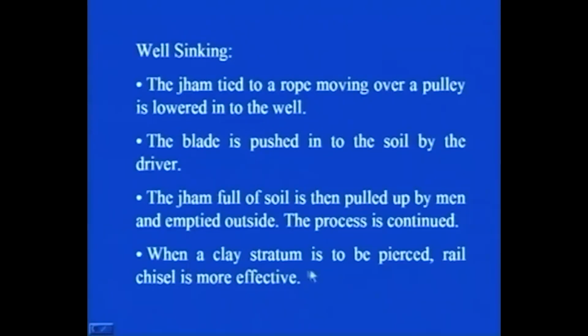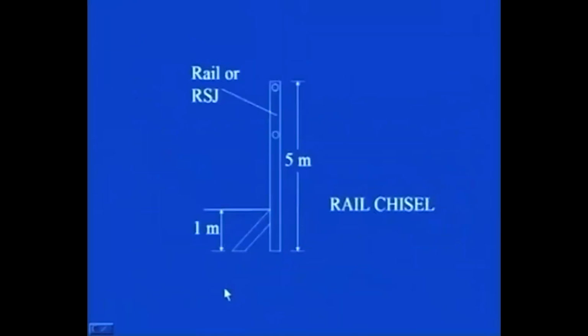When a clay stratum is to be pierced, rail chisels are more effective. What are they? Here is a typical figure of a rail chisel. It is a rail here, and then a part of 1 meter thickness. It is lowered, and when it is taken out, it is filled with the soil.